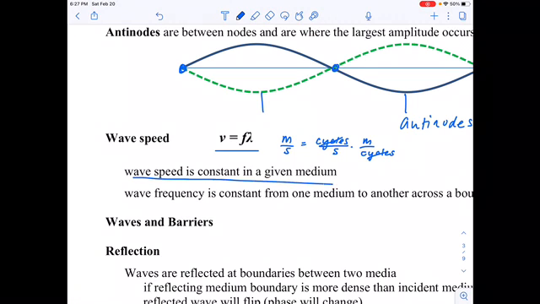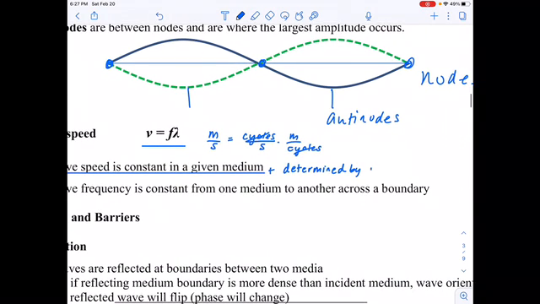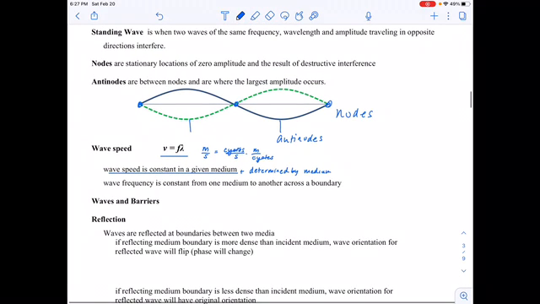Again, the wave speed is constant in a given medium, and it's determined by that medium. And wave frequency is constant from one medium to another across a boundary.